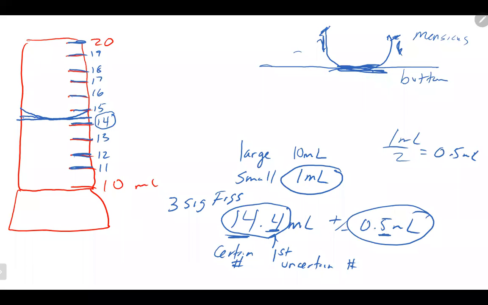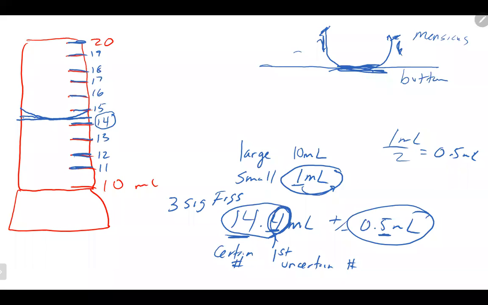Now, in most cases, you typically could take the reading to one more place to the right of the smallest marking. The smallest marking is 1 milliliter, and we went one more place to the right, which is what we did here.